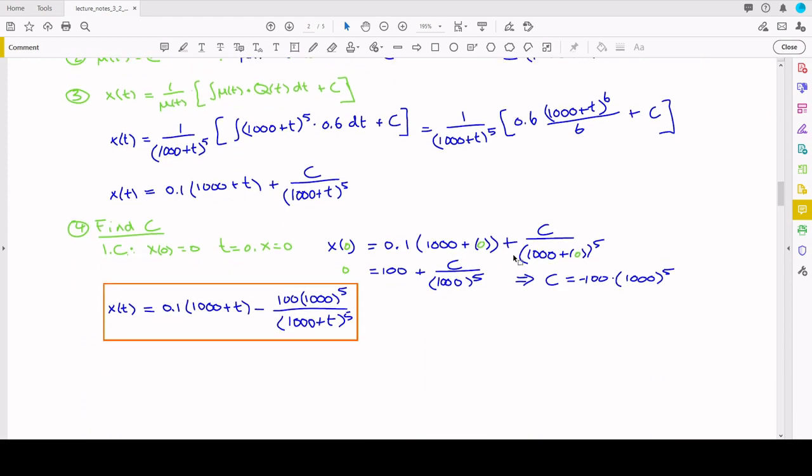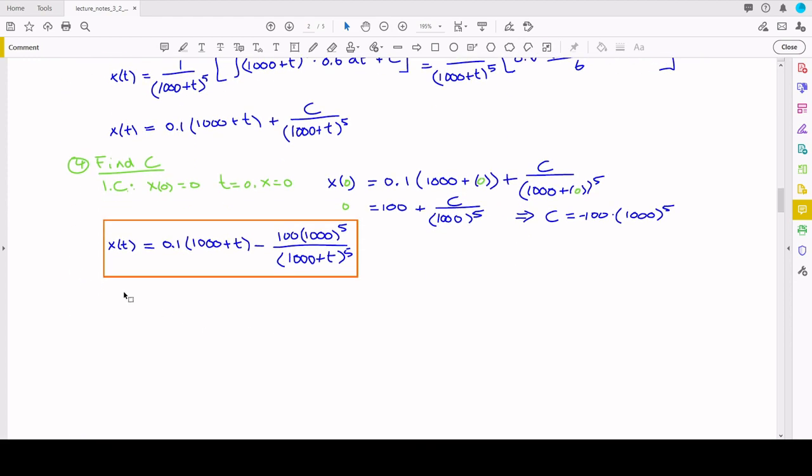So we have to go back, and to get our final answer for the concentration, let's keep in mind that concentration equals the amount that was x of t divided by the volume, so that's v of t.